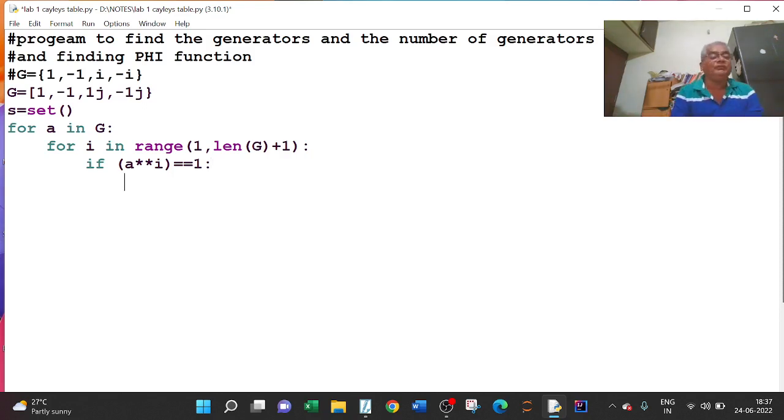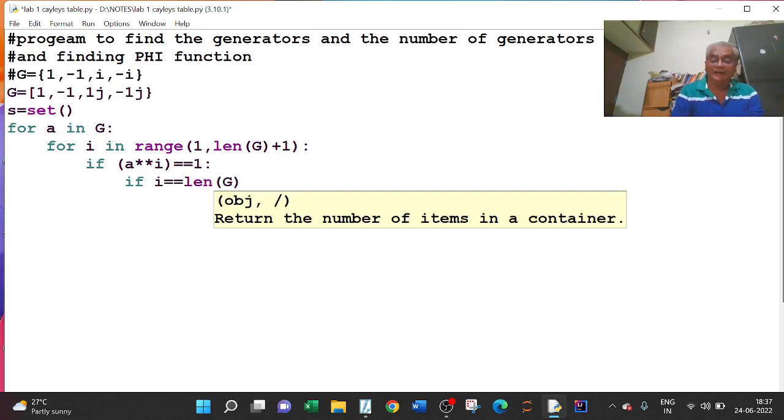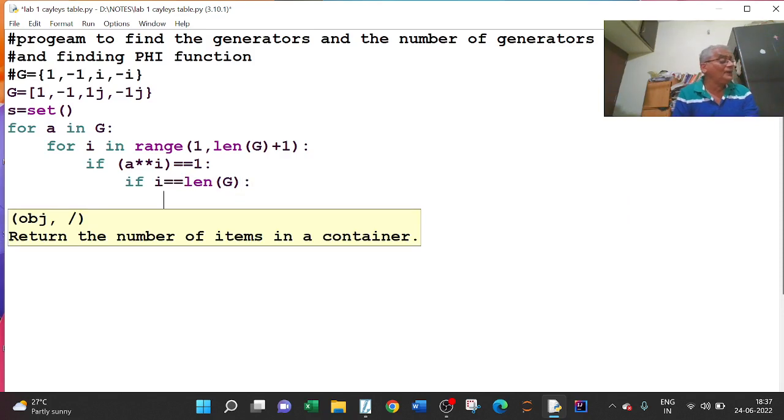So for that I will go for if I equal to length of G, then A becomes a generator. Otherwise, it is not a generator. So we print, first I write that element A, comma, single quote, is a generator.